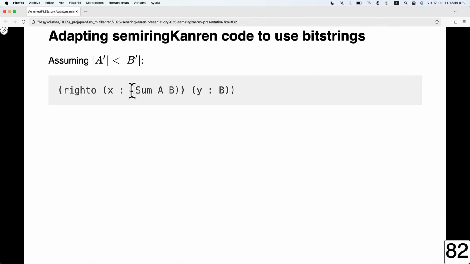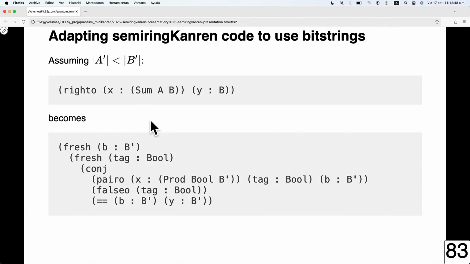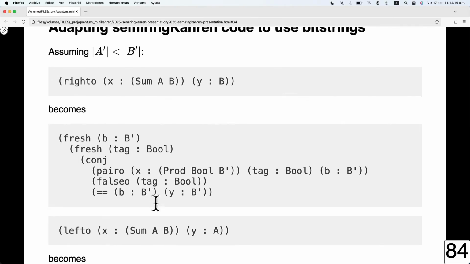So again, assuming the type of A is less than the type of B. Right-O is the larger type, we'll remember. So we need to compile only to true-O and false-O, plus the other things we have. So right-O gets compiled to a pair, and we extract the tag, which corresponds to left or right in the subtype, and we just assert that the tag is false and unify the contained type.